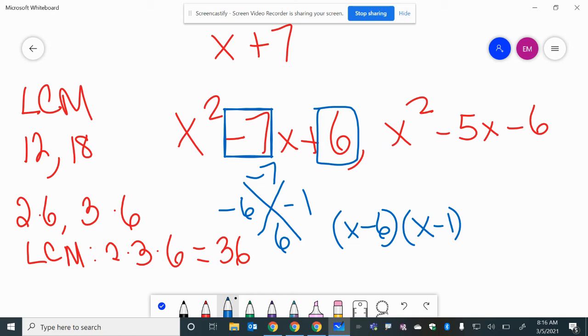I want to reiterate that x minus 6 times x minus 1 is equal to x squared minus 7x plus 6. Think of it like this. It would be like having the numbers 6 and 8. If I had 6 times 8, it would be 48.